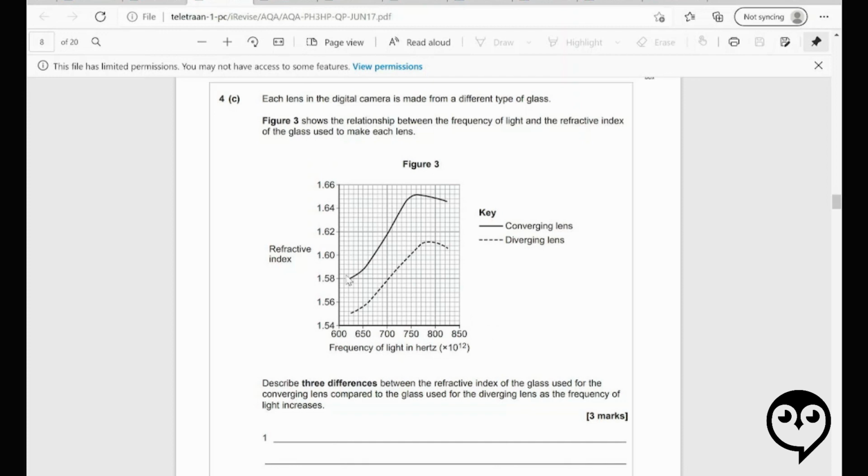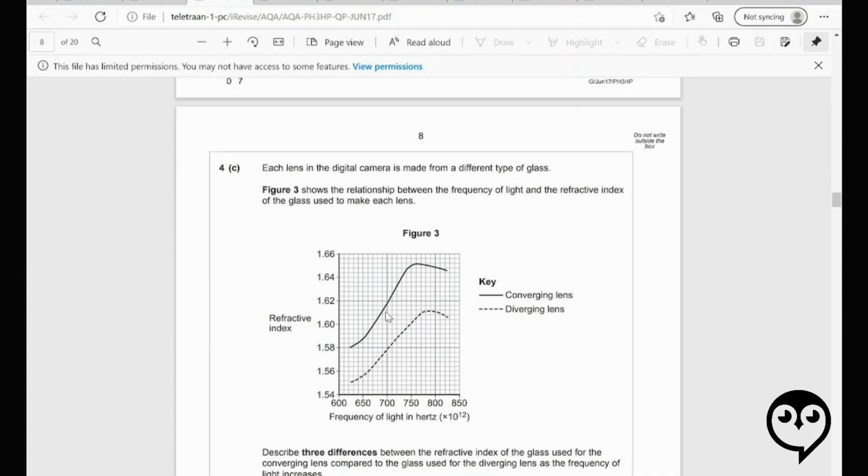Well, the converging lens has a higher refractive index at all times. It's always higher than the diverging lens. Okay, what else could we say? I mean, we've got to get 3 marks. We're going to look really picky here. I believe that this solid line is a little steeper.